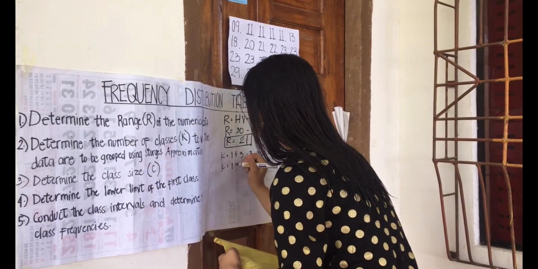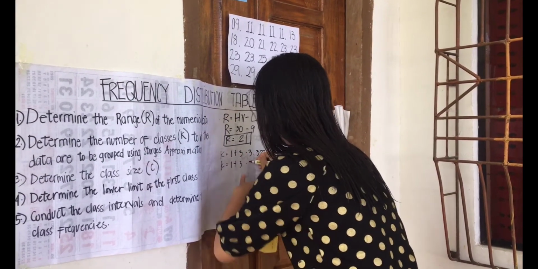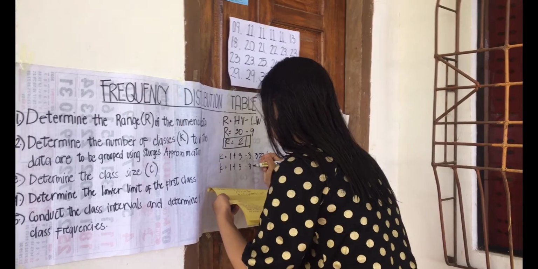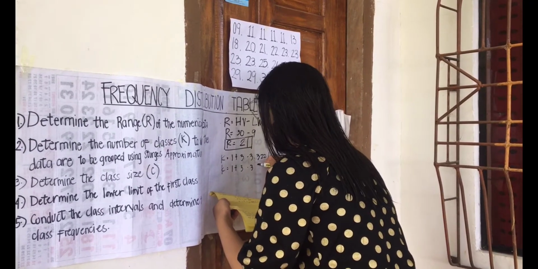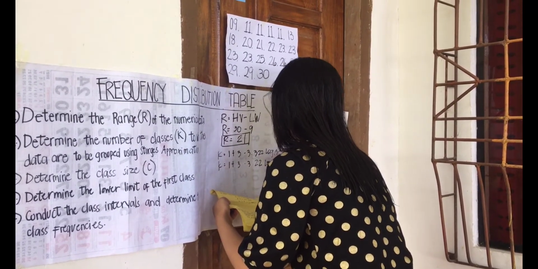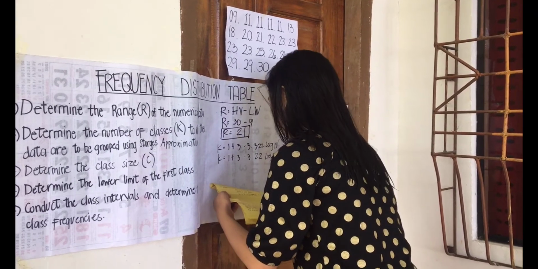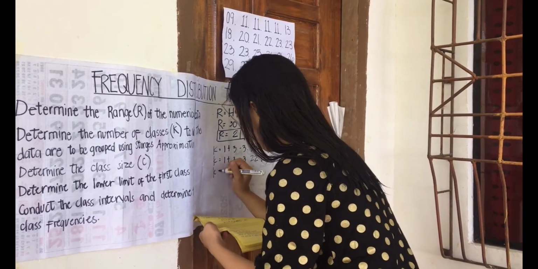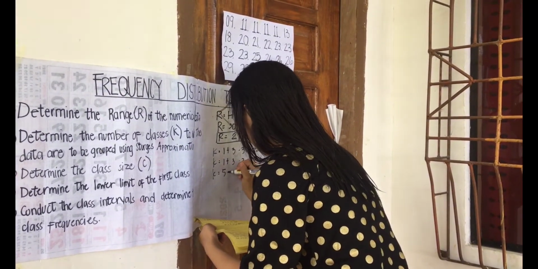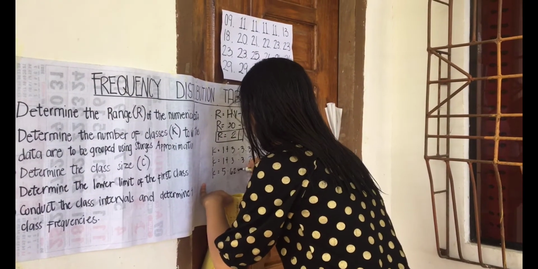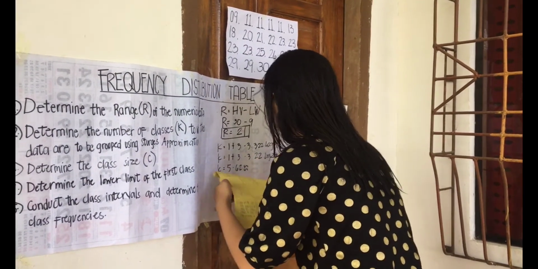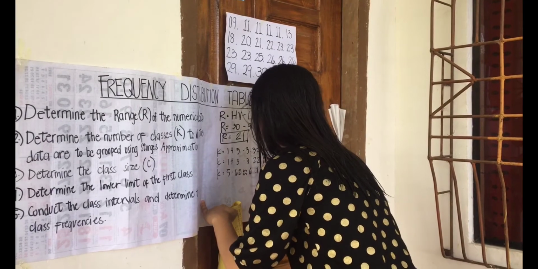P is equal to 1 plus 3.322 log 20. P is equal to 5.62, or 6 classes.